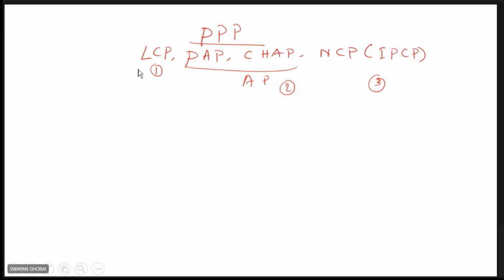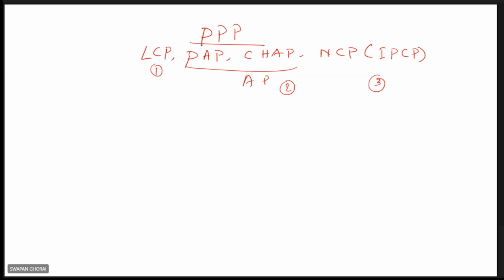An authentication protocol is used for validating the identity of the user who wants to access the resources. It can be of two types: PAP, the password authentication protocol, and CHAP, the challenge handshake authentication protocol. PAP is based on two steps.